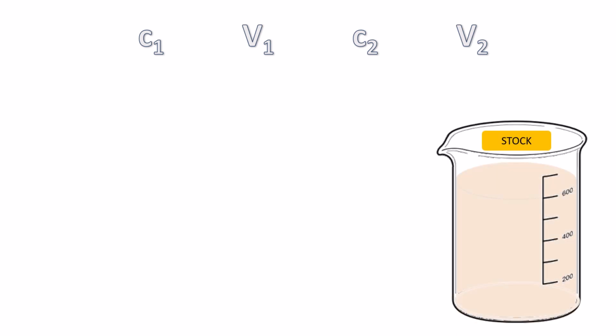In the formula, the number 1 refers to information about the stock solution. That is, the original, more concentrated solution. So C1 is the variable that represents the concentration of the stock solution, which can be called solution 1.